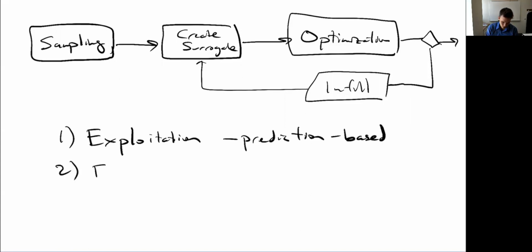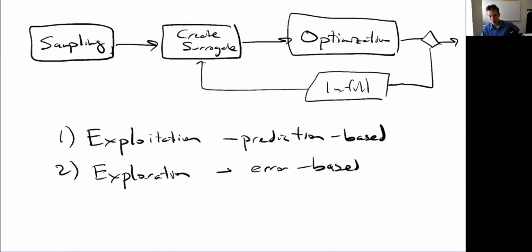And then the other is more exploration based. Sometimes it's called error based. But the idea there is that we're not necessarily going to try and converge as quickly. This would be more appropriate if we have, say, a multimodal problem. We want to search the space better.